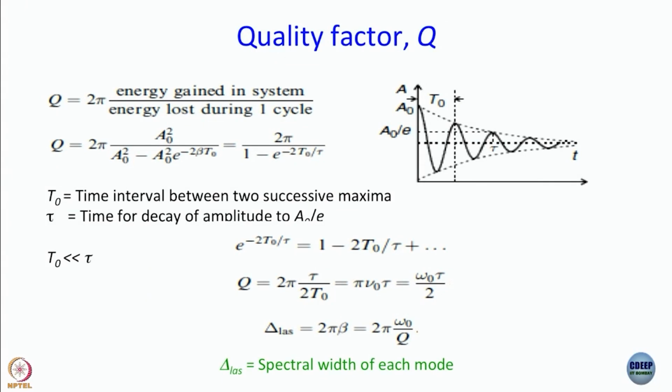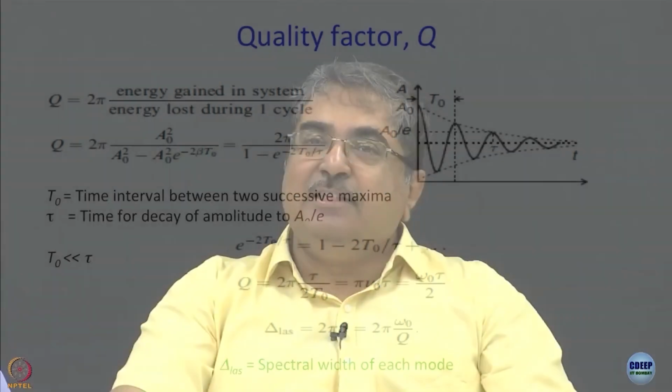Quality factor is essentially a weighted ratio of energy gained in the system and energy lost during one cycle. Energy gained in the system means what is the build up, how much population inversion you achieve, and that is usually achieved by pumping it with an intense laser. And energy lost can be not just by emission of light, but also due to things like heat and so on and so forth.